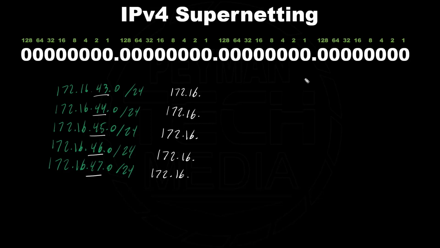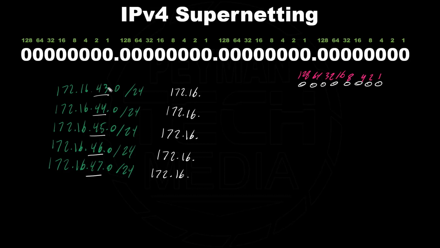If I write down here on the third octet 8 bits, 1, 2, 3, 4, 5, 6, 7, 8. And decimal values of the octets, we already know 1, 2, 4, 8, 16, 32, 64, 128.